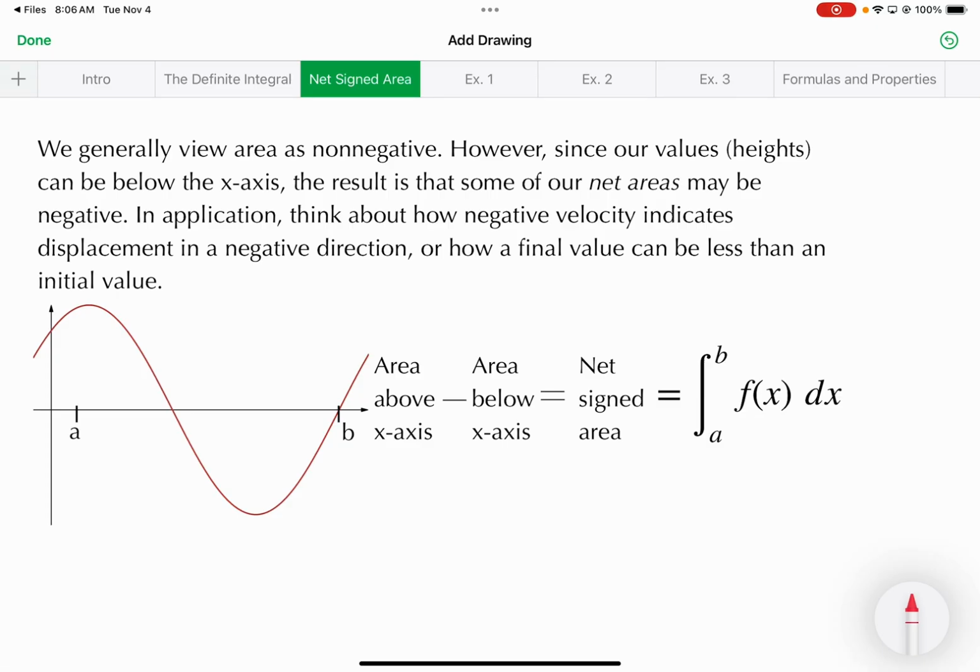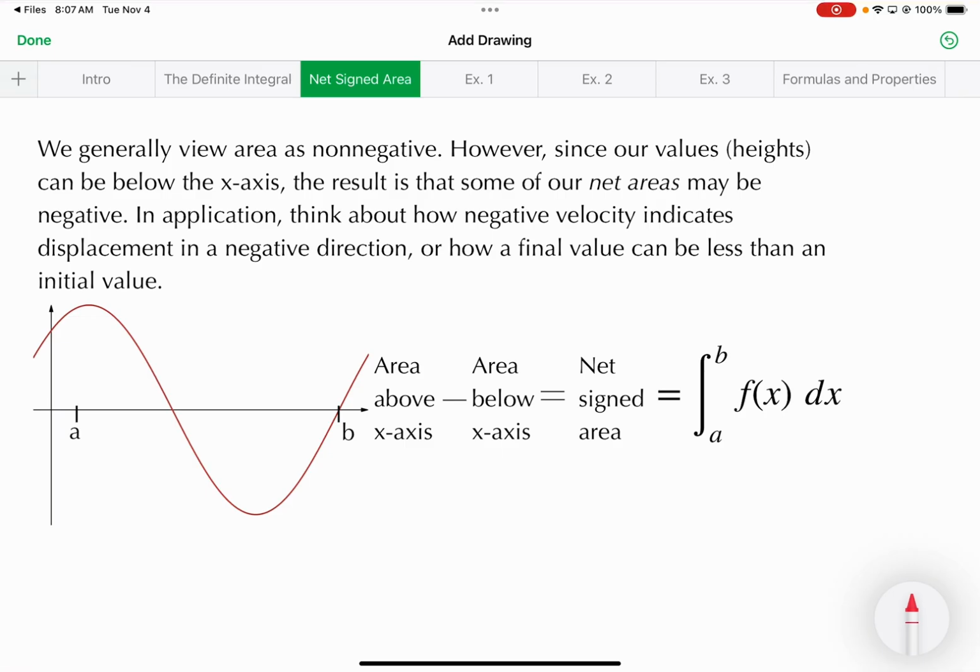But we talked about how to find area using rectangles. And since the heights of our rectangles are going to be negative, we have no choice but to view this area as negative values in some of our instances. Any area that's above my x-axis is going to be positive area, and area that's below my x-axis is just going to be negative area.